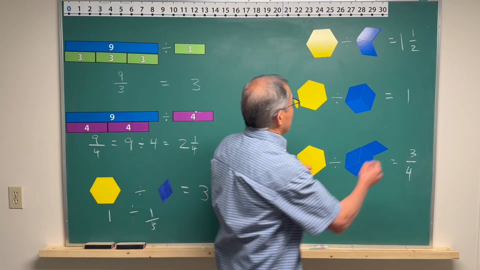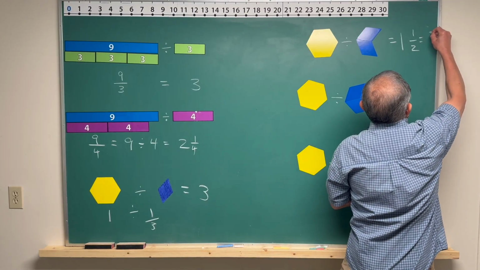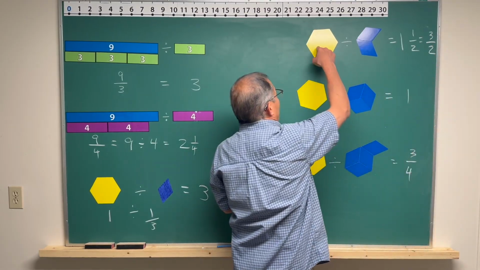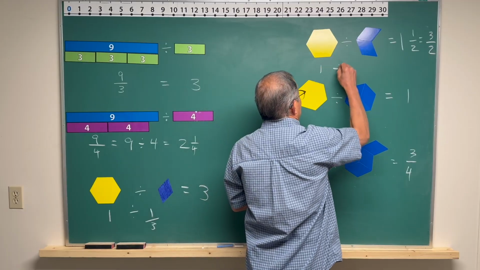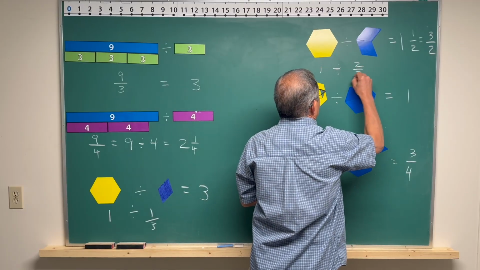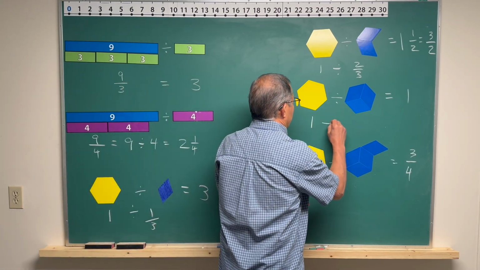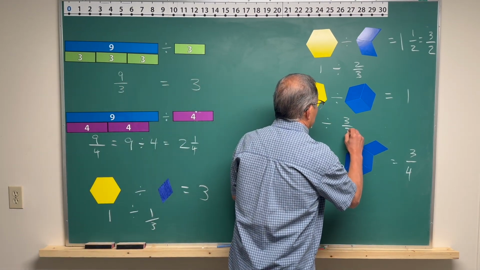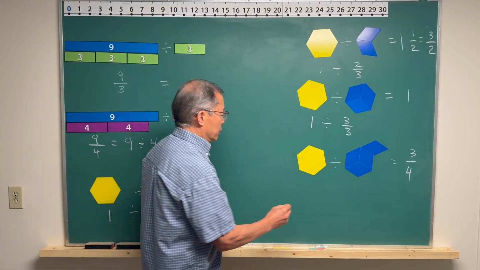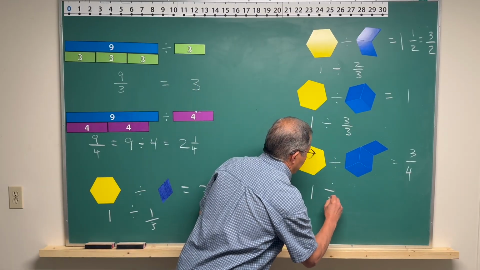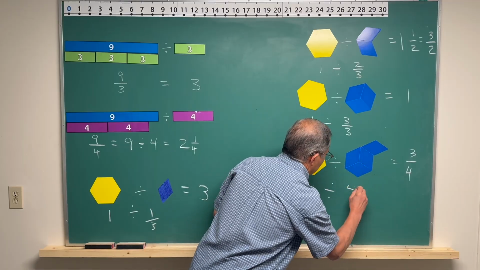Over here, rewrite this as 3/2, and then now over here, 1 divided by 2/3. This one, 1 divided by 3/3. This one, 1 divided by 4/3.